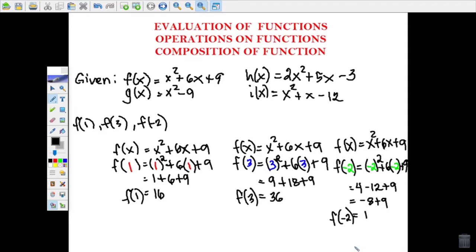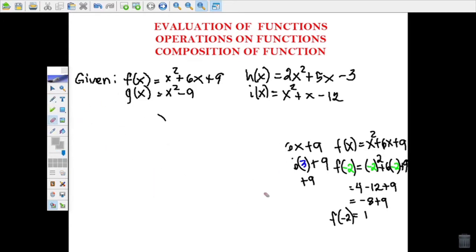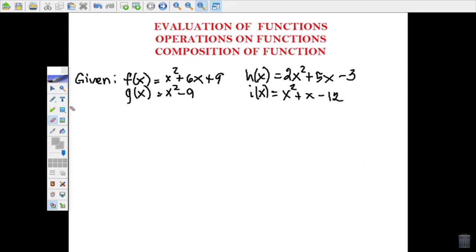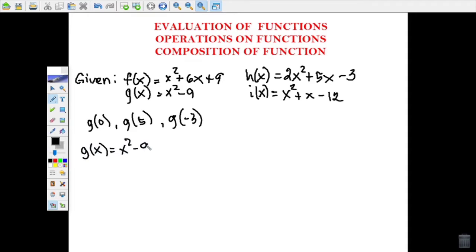Okay? So ayan yung halimbawa ng evaluation of function. How about kapag sa g? Pero ganun lang din yun. So burahin ko lang to. Okay, ng madalian. Let's say we are asked to find g of 0, g of 5, and g of negative 3. So again, write the given, g of x is equal to x squared minus 9.